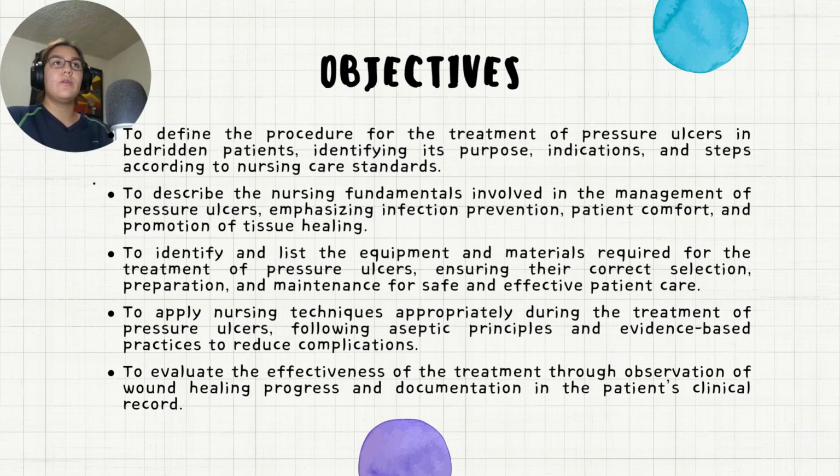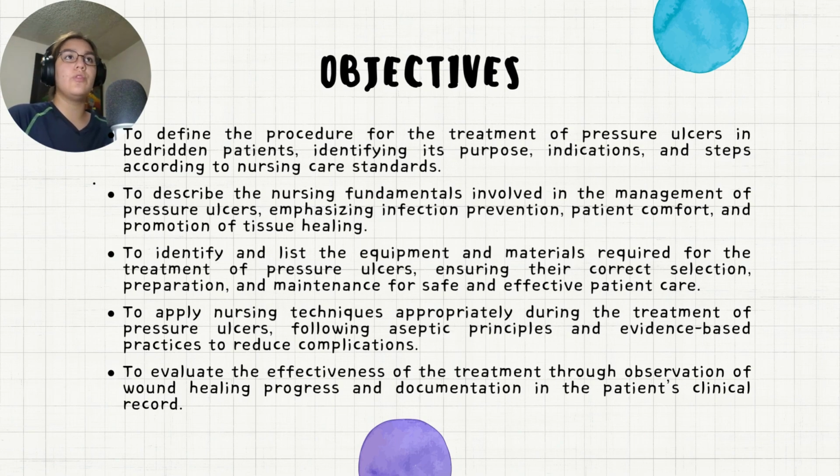To define the objectives, we have the following ones. The first one will be to define the procedure for the treatment of pressure ulcers of a bedridden patient, identify its purpose, indications, and steps according to nursing care standards.